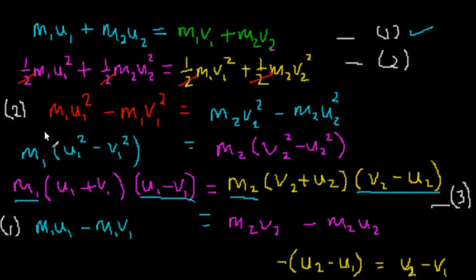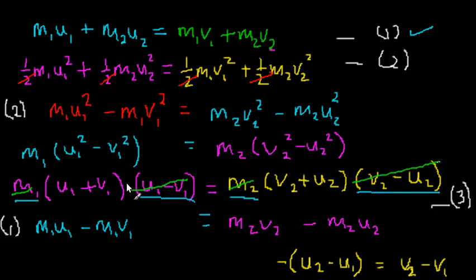So this means that I can cancel this from both sides of this equation because they are the same. I've just shown that they're the same.